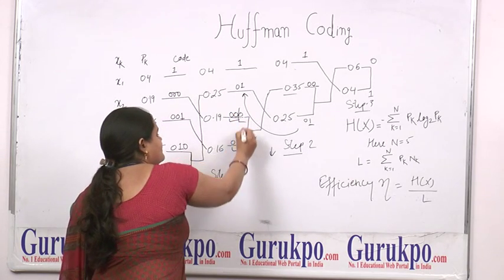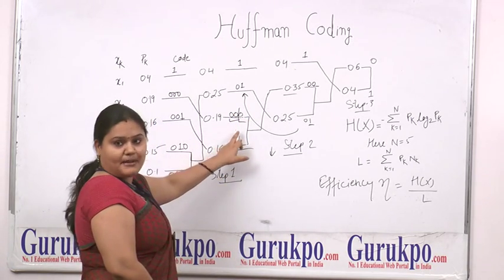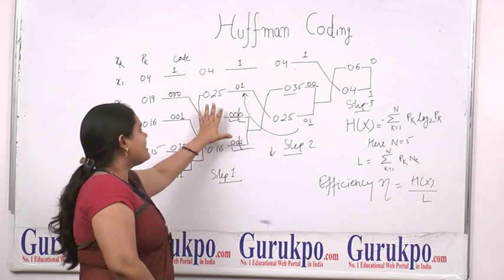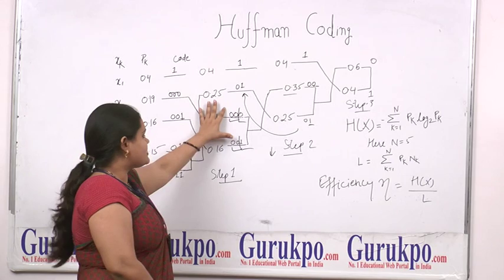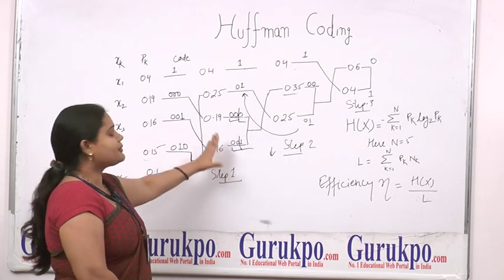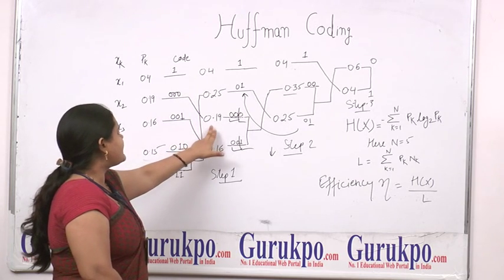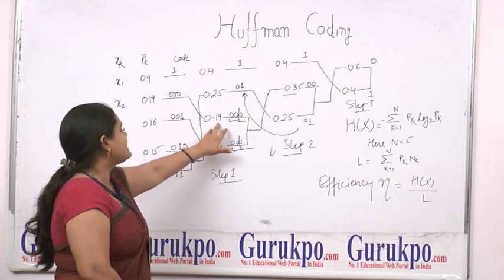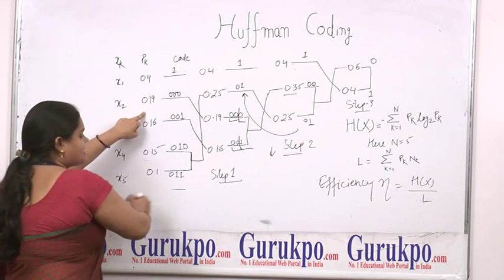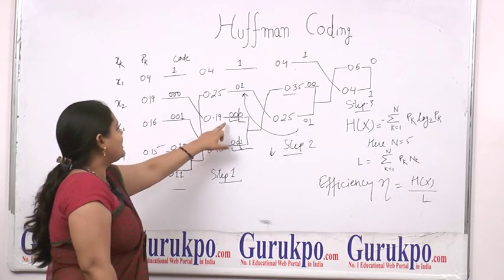Here we always put 0 for the upper value and 1 for the lower value. For the highest probability it is 0 and for the lowest it is 1. Again we put the value in the next message signal. Here 0.19 is not added, it directly comes to that stage, so we put the value directly.